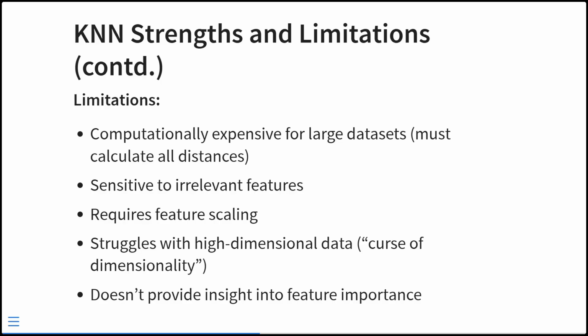It also requires feature scaling, as I mentioned earlier with the example of age and BMI. For you to be able to use KNN, you need to scale all your features, including categorical features. It is also sensitive to high dimensional data, which is data that has a lot of features or dimensions. It also does not provide insight into feature importance.